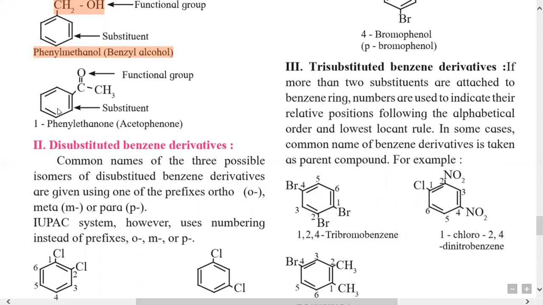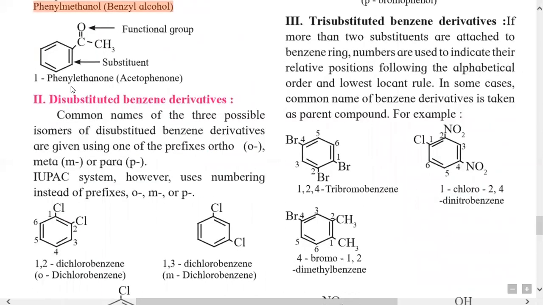So it is 1-phenyl ethanone. Ethanone is a ketone containing 2 carbon atoms. So in this way, the names of monosubstituted benzene can be given. Now we will consider the examples of disubstituted benzene derivatives, how their names are given.